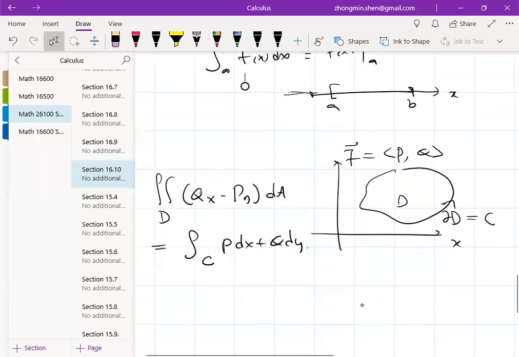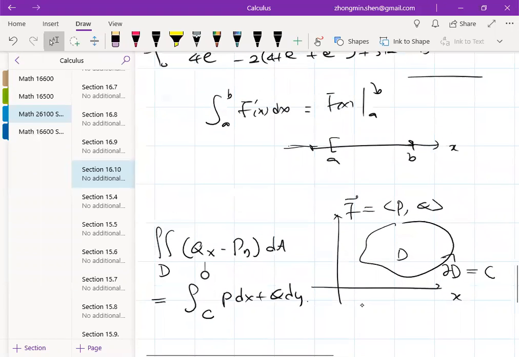It's harder, now given a double integral, to tell whether this is Q_x minus P_y. In calculus 1, we always try to express the function as a derivative of some function. Then we can evaluate the integral.